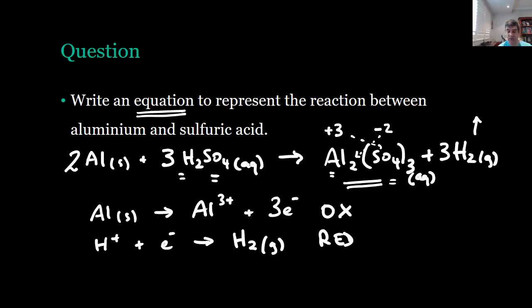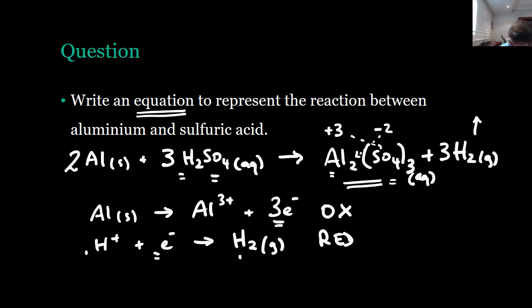Now, if I wanted to cancel each of these out, then what I would need to do is to have these 3 electrons here balanced by 3 electrons here. My problem is going to be that if I have 3 electrons here, then I'm going to have a 3 out the front of the hydrogen. But I have an even number on the right side of that equation, and then there would be an odd number there, and I don't like to have halves.